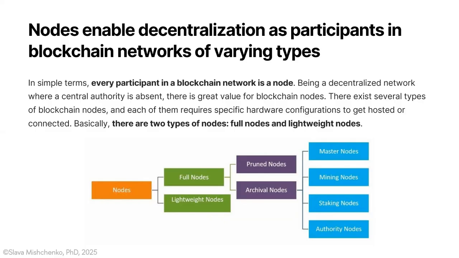And this diverse ecosystem of nodes ensures that our blockchain network remains both decentralized and secure. And each type of node contributes uniquely to the network's overall health and functionality.